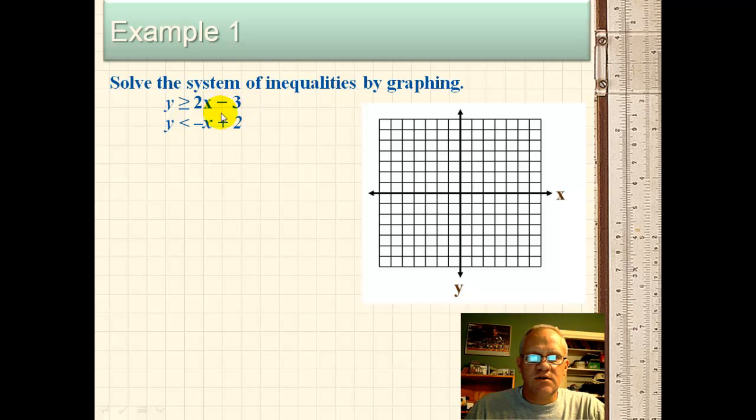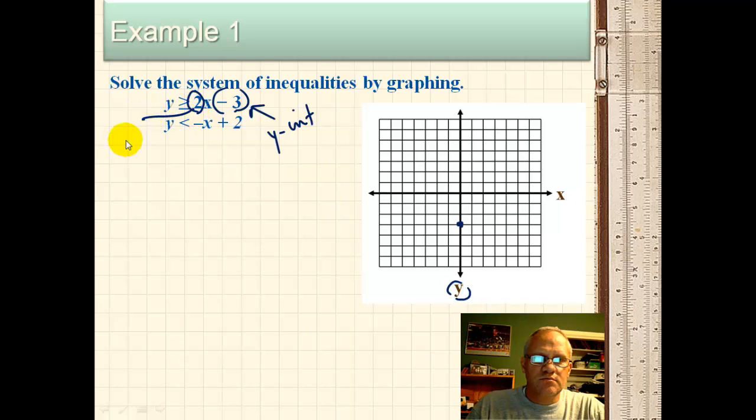All right, so where do I begin on the first one? We begin at -3. And remember, that's the y-intercept. And so where's y? Here's y. So we go to -3 on y and put a dot. And then what's its slope? Remember, the slope is this number here.